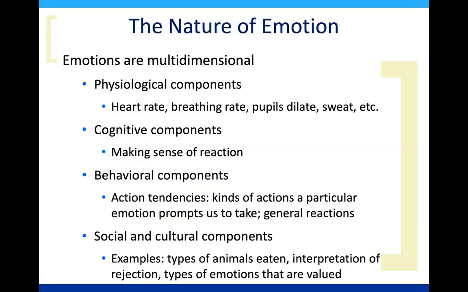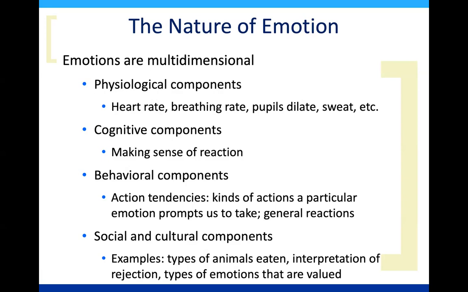We might see things like our heart rate, our breathing rate, our pupils dilating, our sweating or perspiring. We can see all of those change as a result of an emotion. So you can imagine when you get angry, your heart rate increases, you start breathing faster, you might sweat, you might get red in the face. These are all physiological responses.